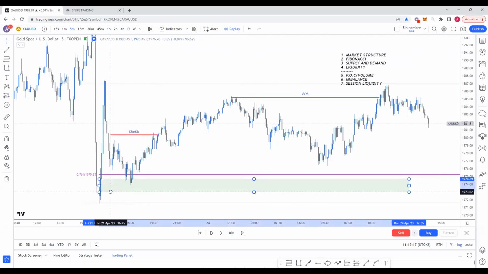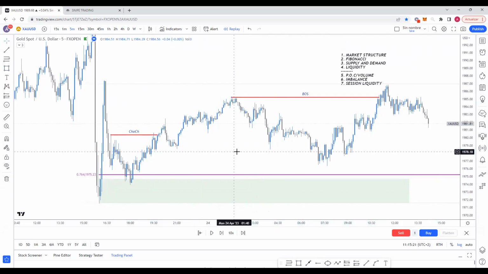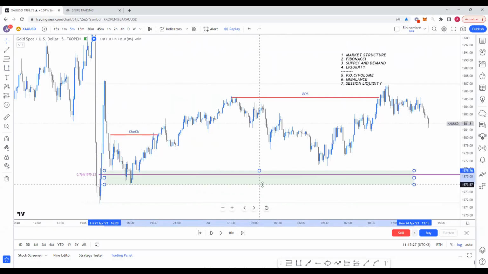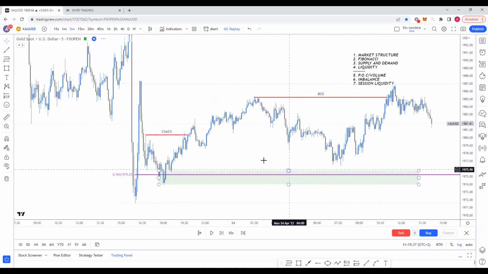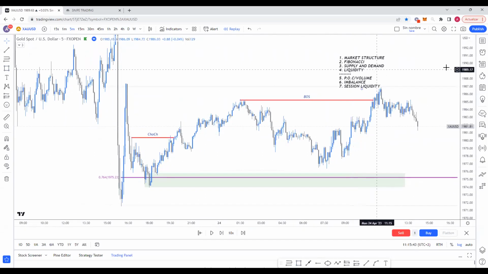If you want to look inside, this one would also be totally valid, which is the extreme demand zone also inside of the Fib. But yesterday I looked for this one. Again, we want a demand zone which is inside of the Fib area, or mostly inside of it, as much as it can possibly be.